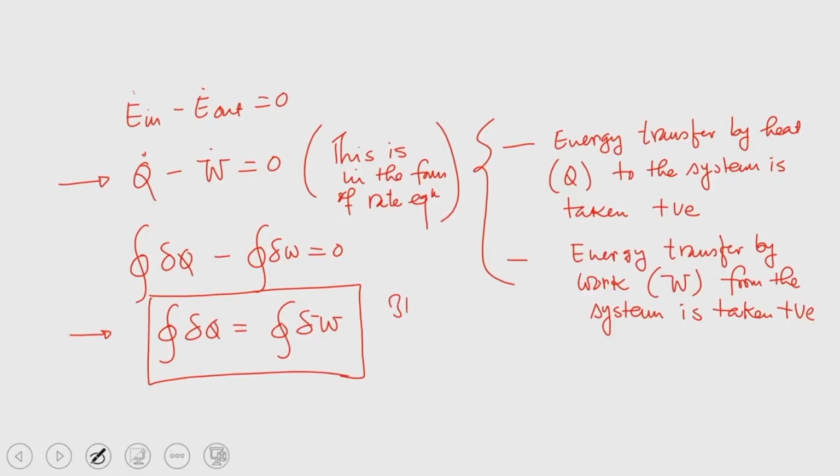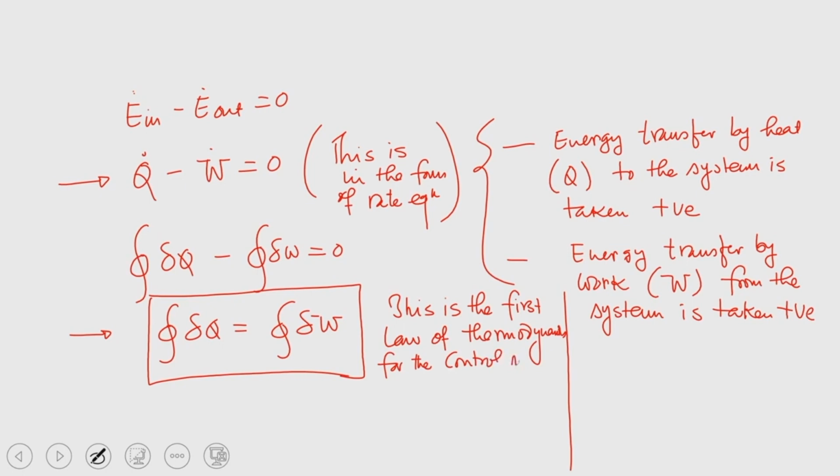This is the first law of thermodynamics for the control mass system undergoing through a cyclic process.